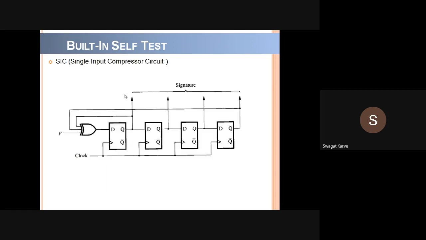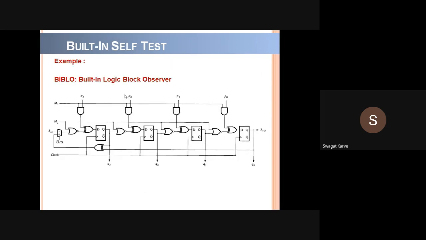Now next you have the built-in logic block observer. Now this particular method, you can operate this circuit in different modes. Depending upon the combination that you give at M1 and M2, you can have different operations of the circuit.